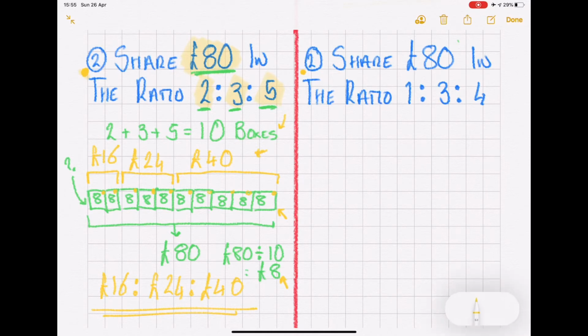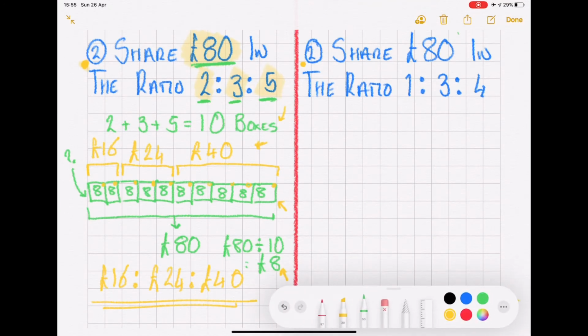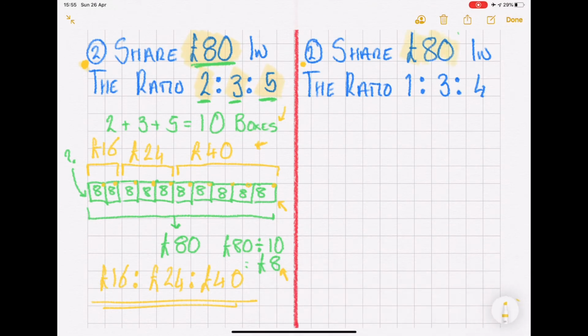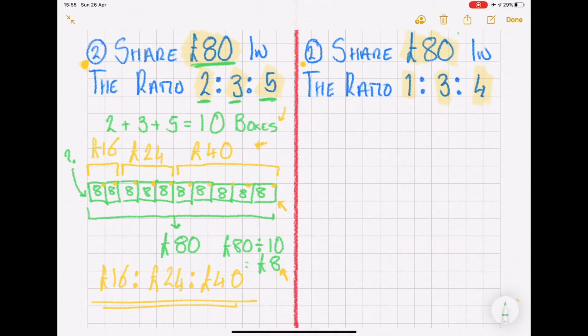Okay, fantastic. Right, let's have a little look at this right-hand example. So, we are sharing £80 in the ratio 1 to 3 to 4. Let's find out how many boxes we're going to need. So that's 1 plus 3 plus 4 gives us 8 boxes.